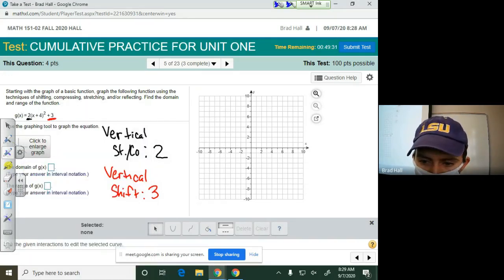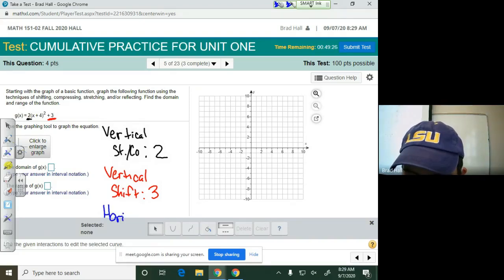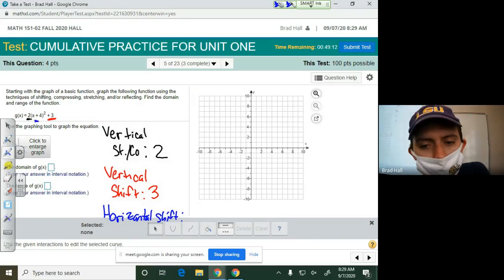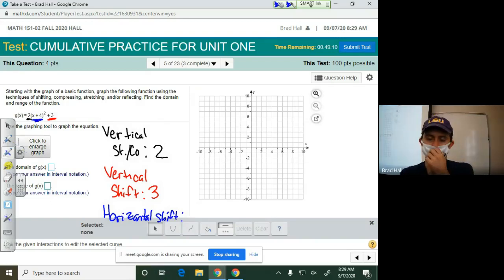I'll use a different color to represent horizontal shift. So for the horizontal shift, this is when you add or subtract to the variable directly. And naturally, that's going to be the +4, the x + 4.